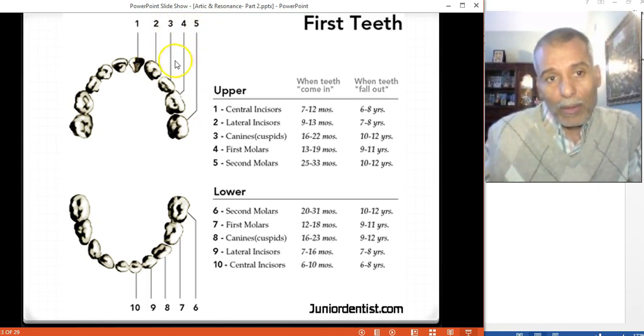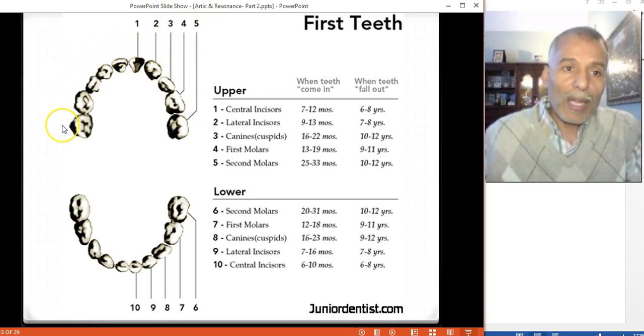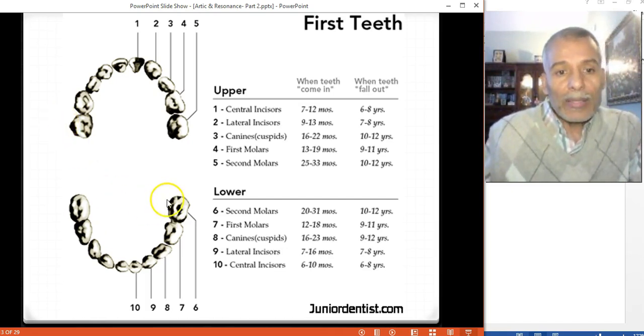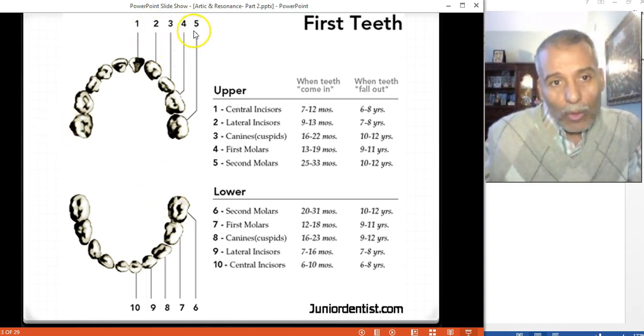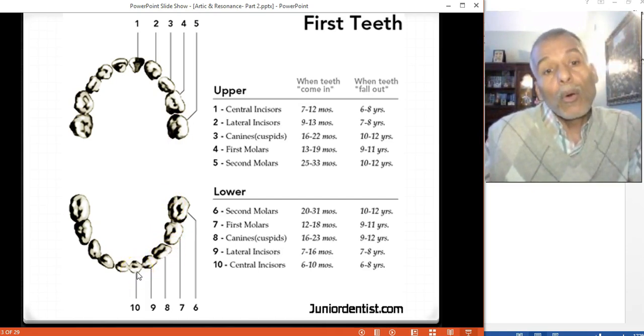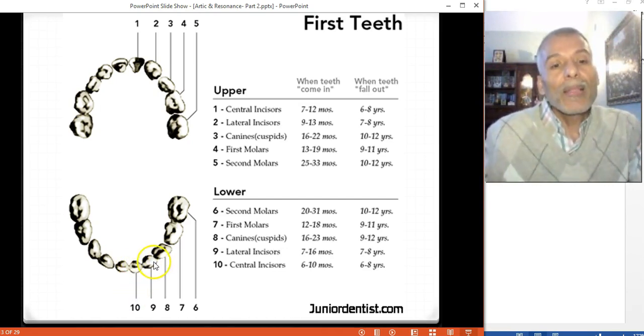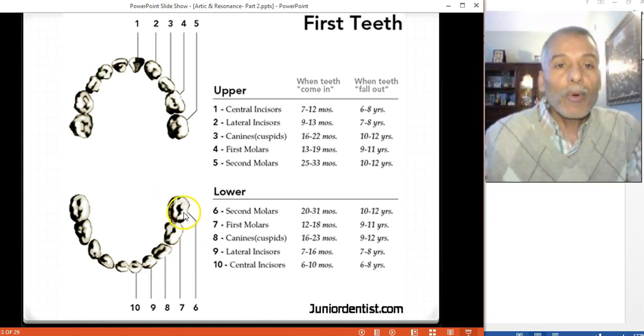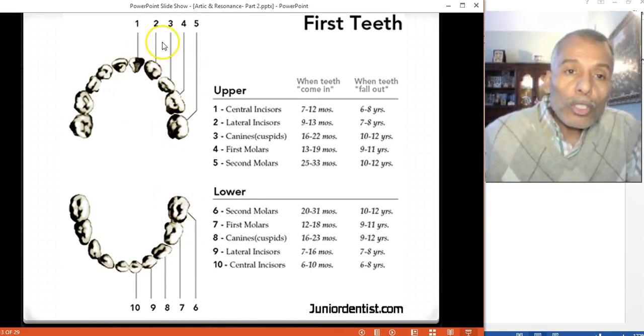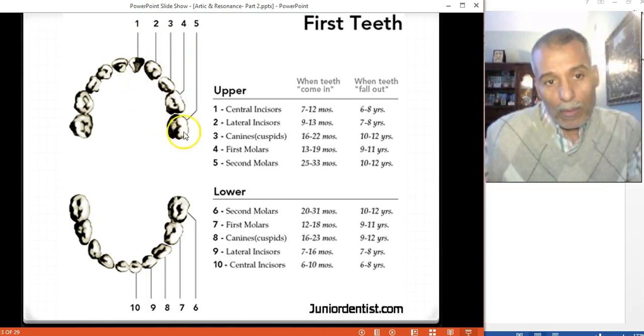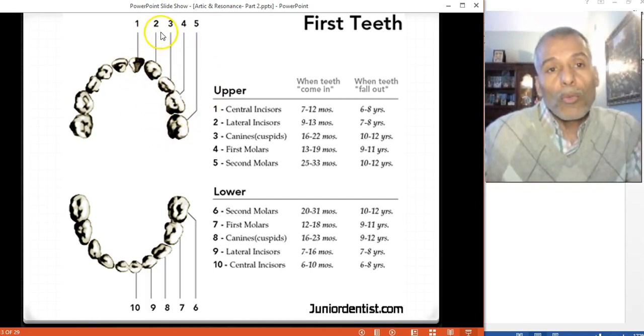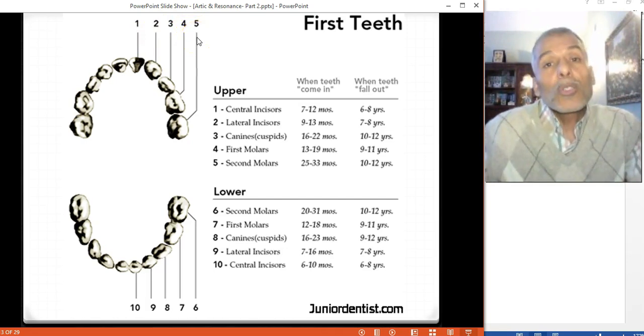If you know that, it is the same as the left side. And if you know that as well, you are going to know the other side, the lower jaw. You go from central incisor, lateral incisor, canine, first molar, second molar. So if you know a quarter of the dental arches, 5 teeth, then you know it all.